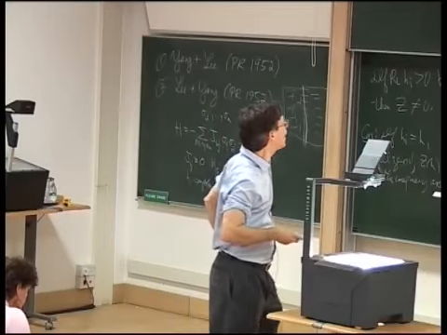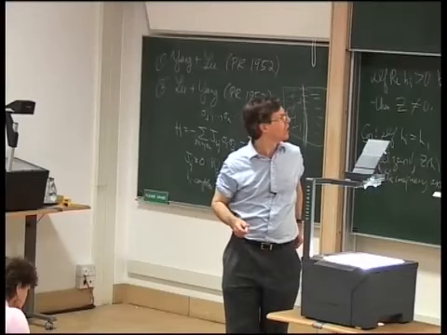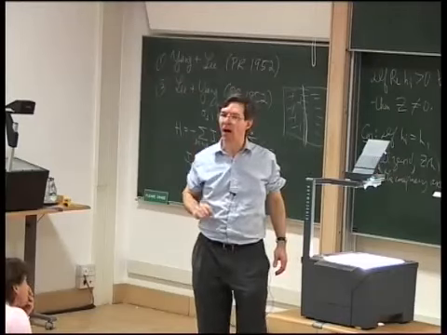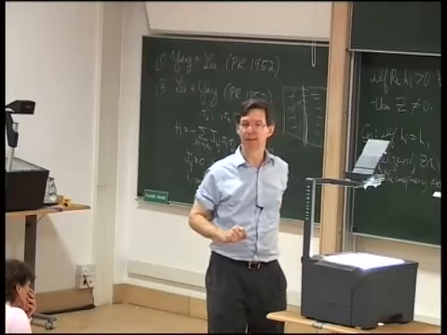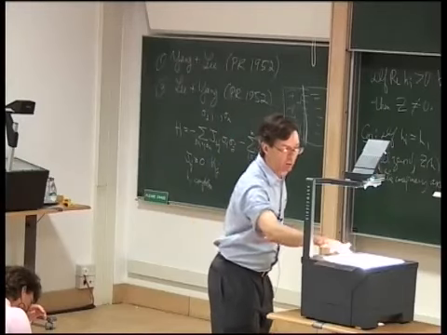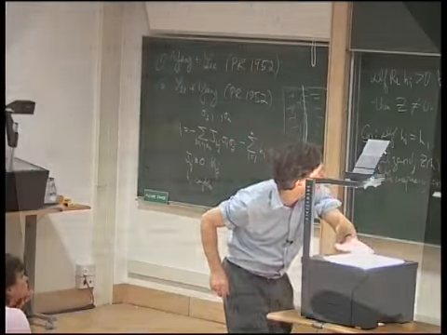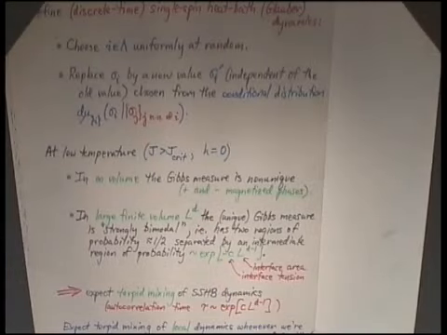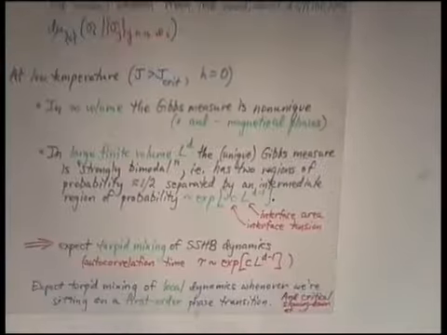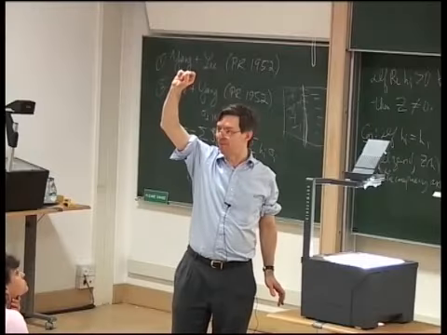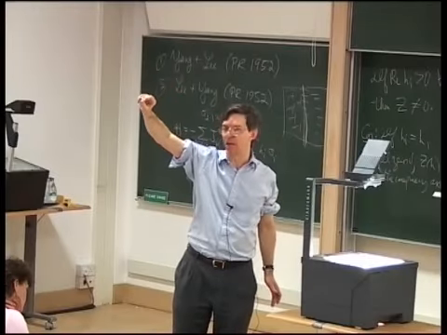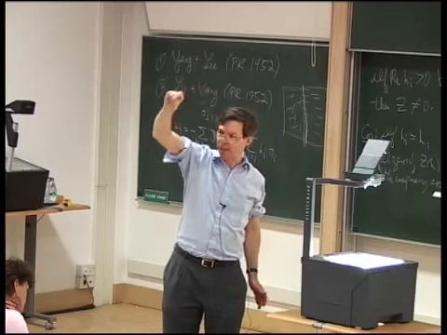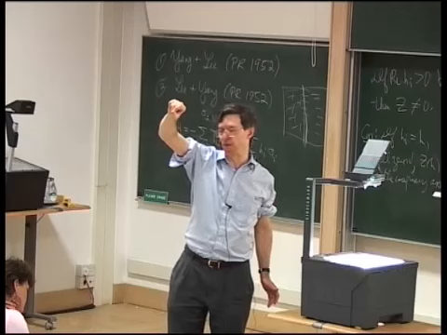And in fact, you would expect torpid mixing of local dynamics whenever you're sitting on a first order phase transition. That's the moral. One thing I just have written in little tiny letters at the end, you expect critical slowing down at a critical point. What if you're not near a first order transition, but near a second order transition? So not Ising model at very low temperature and zero magnetic field, but Ising model at the critical temperature and zero magnetic field.